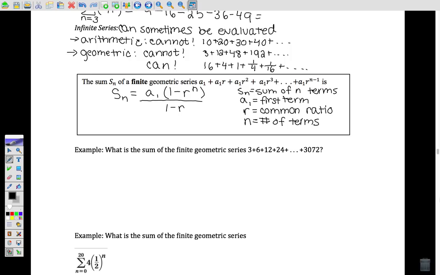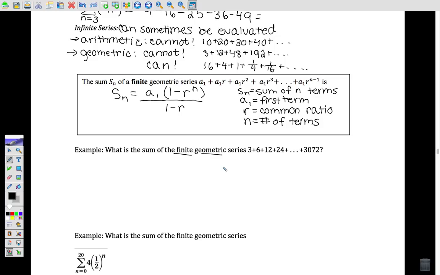So let's look at an example of how we can use this in a finite geometric series. Again, finite means there's only a certain number of terms. Geometric means there has to be a common ratio from one term to the next.